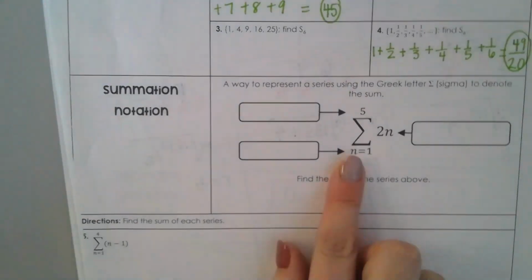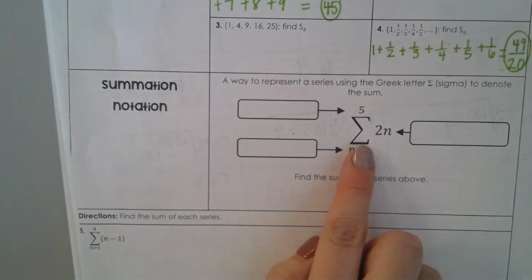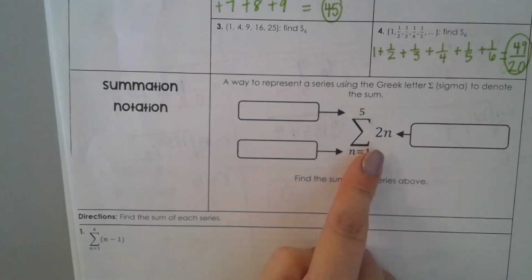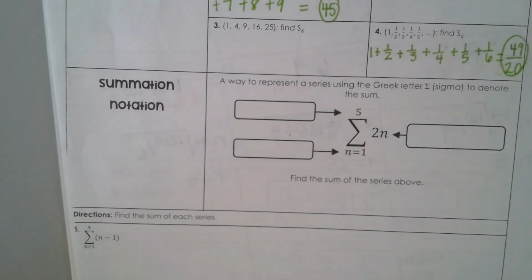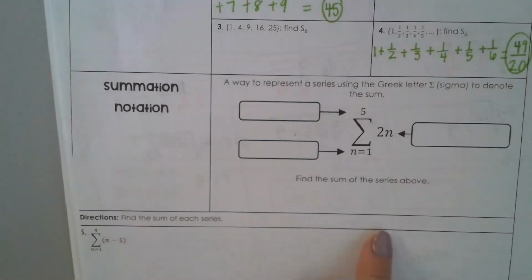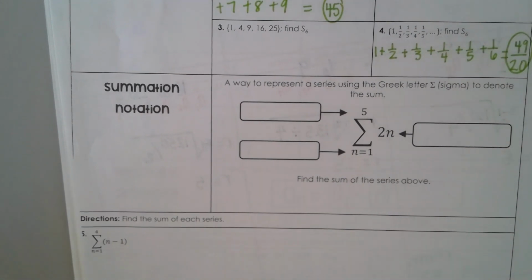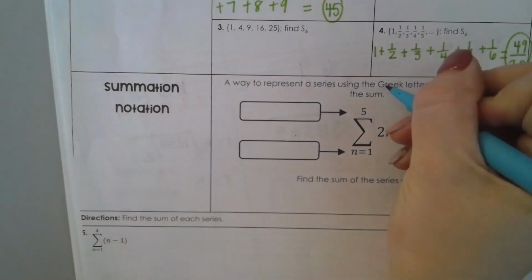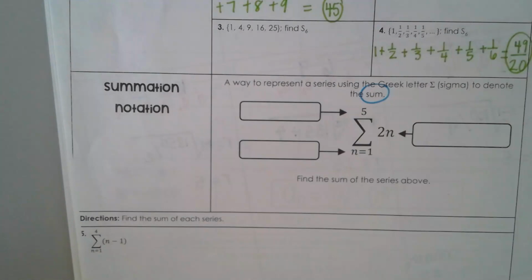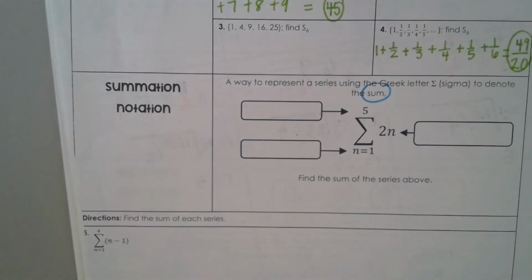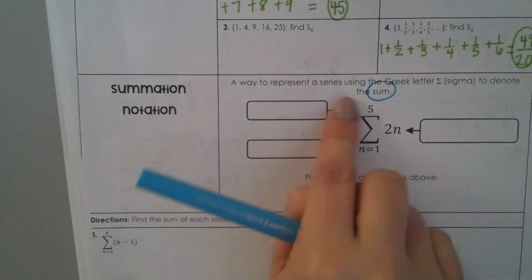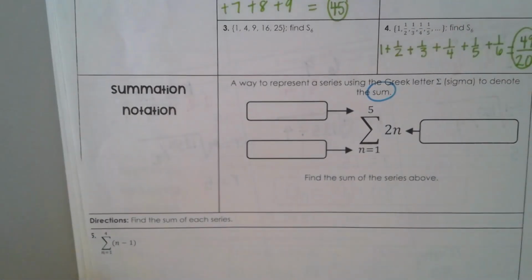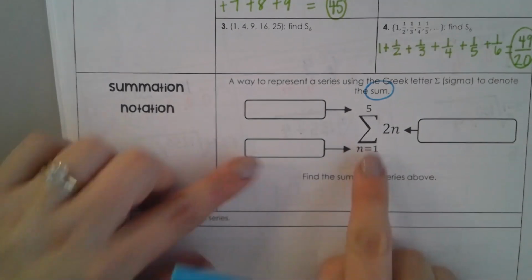So, anybody know what this symbol represents? This is sigma. And sigma means the sum. It's a way to represent the sum of several numbers in a pattern. When we do sigma, there are several things that we have to put in the calculator. The first one is this on the bottom.